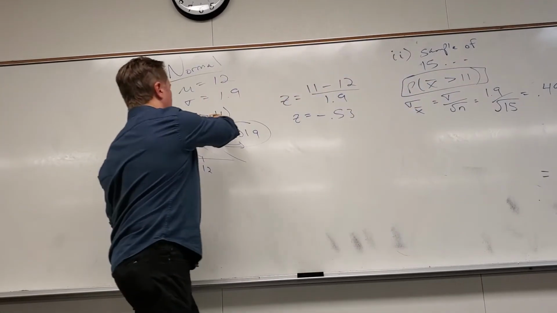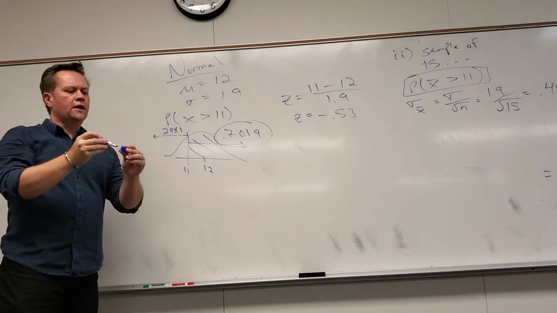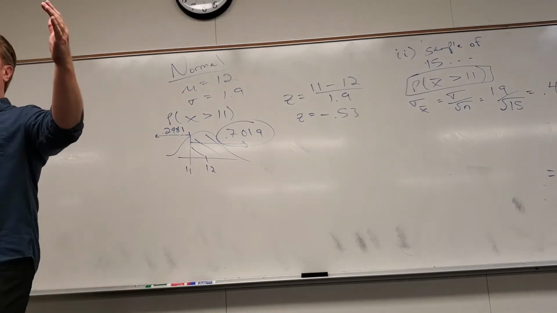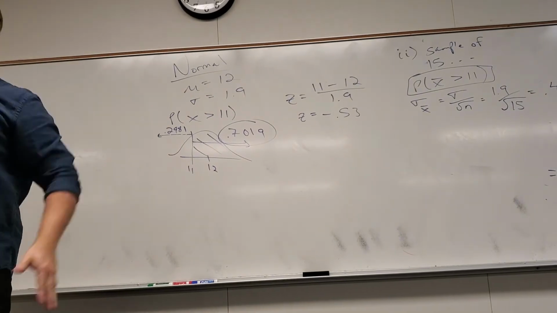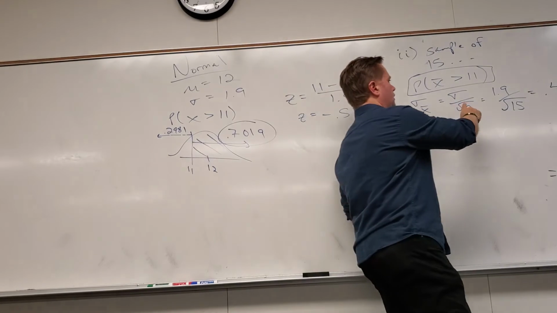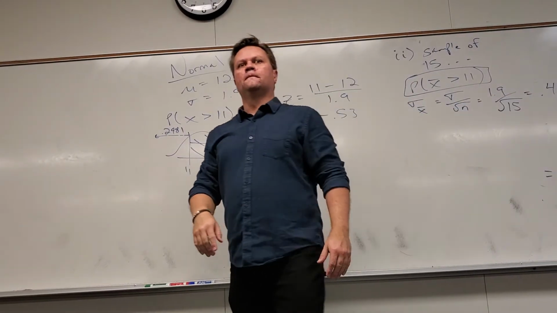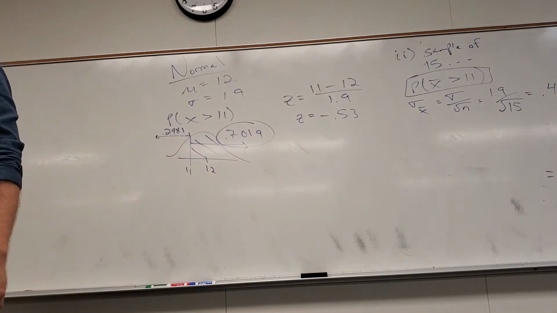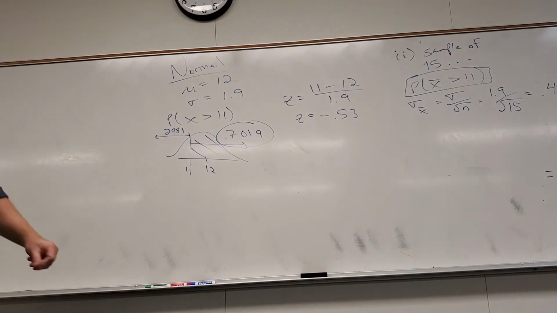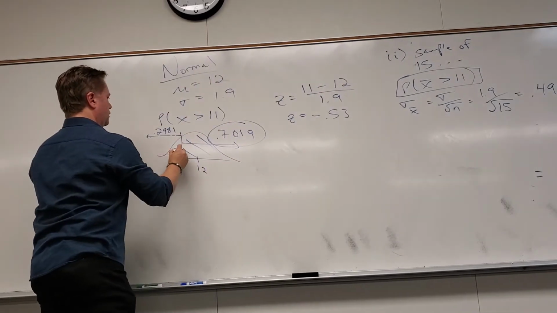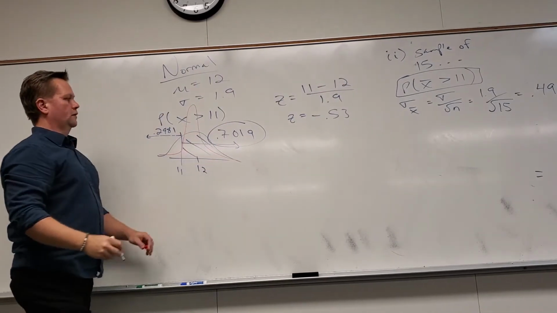When I take a sample, will the new picture of sample means be skinnier or fatter? Did the standard deviation get bigger or smaller? Smaller. So will the new distribution be skinnier or fatter? Skinnier.